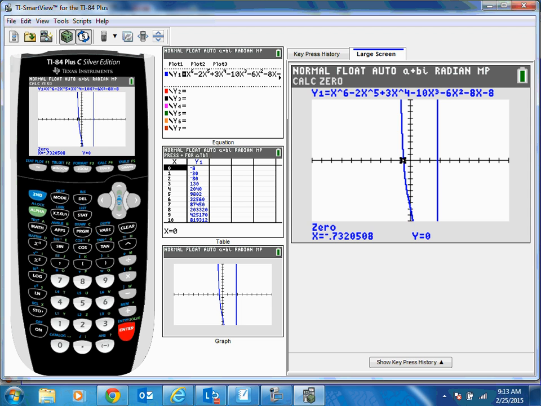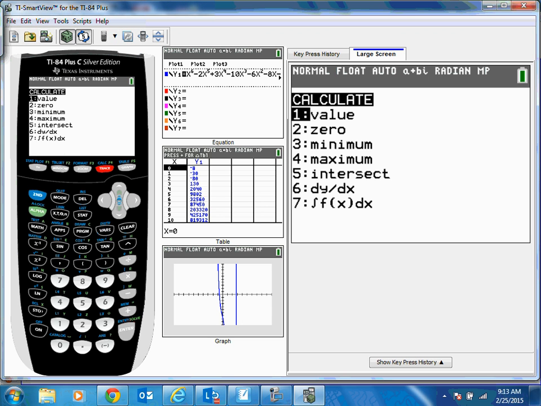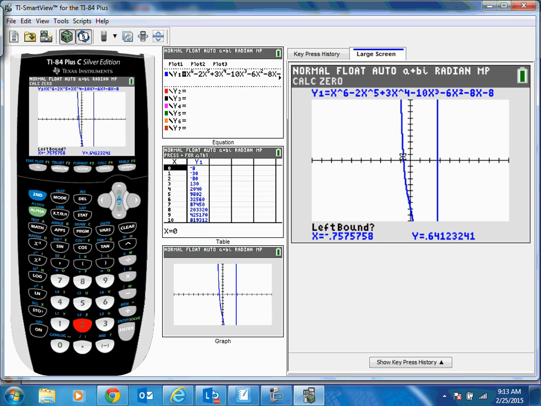And then we can do it on the other one. So second 0, or second calc, 0. We want it to be left of it. Doesn't matter how much left of it. Okay. All right, so that's left of it, hit enter, and then we go right of it.